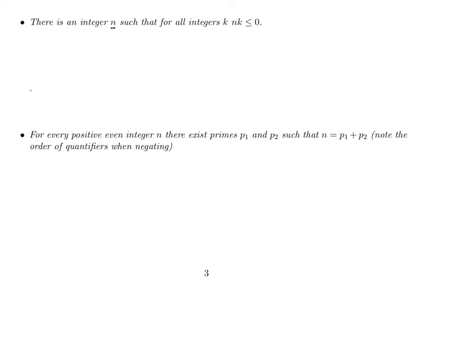You have two integers, an n and a k. But the quantifiers aren't the same. Here is an existential, there is, and here is a universal, for all. The second example will be similar. So pause the video now and try to write this as a logical formula.